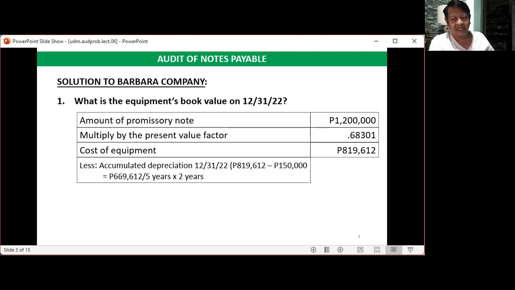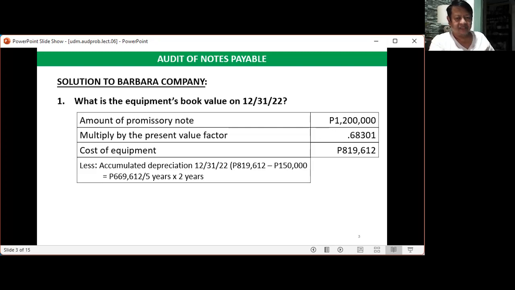Because you will gain possible revenue when you sell the machine. That is the logic. If 150,000 pesos estimated salvage value will give benefit to the company, that should be deducted from the cost of the equipment in computing accumulated depreciation.